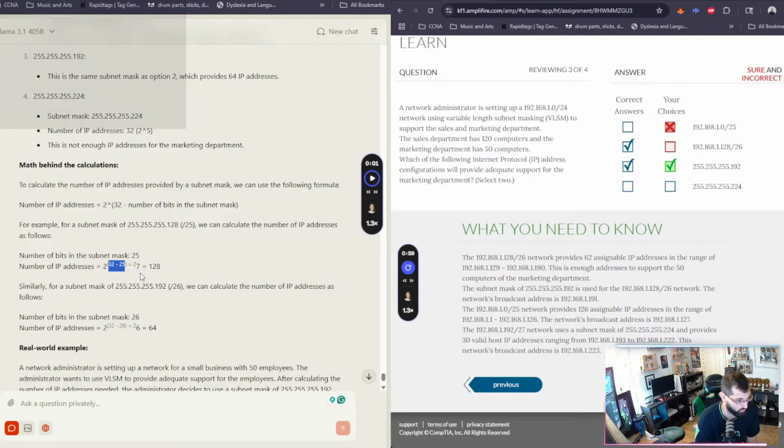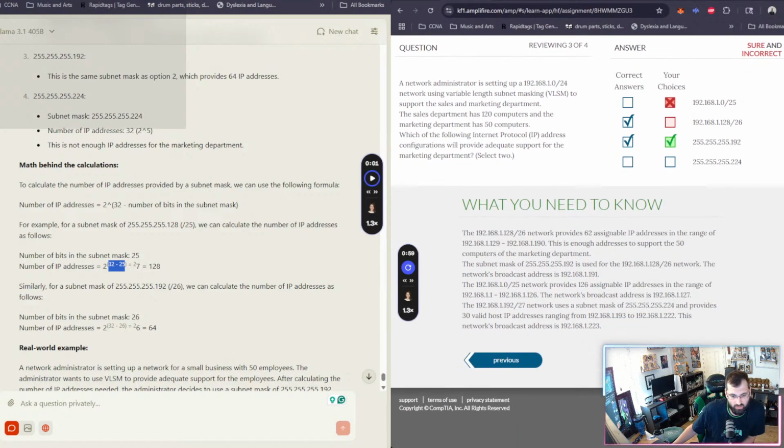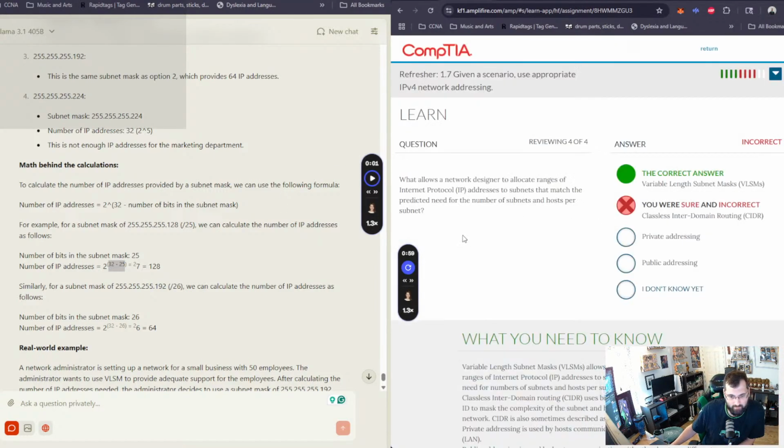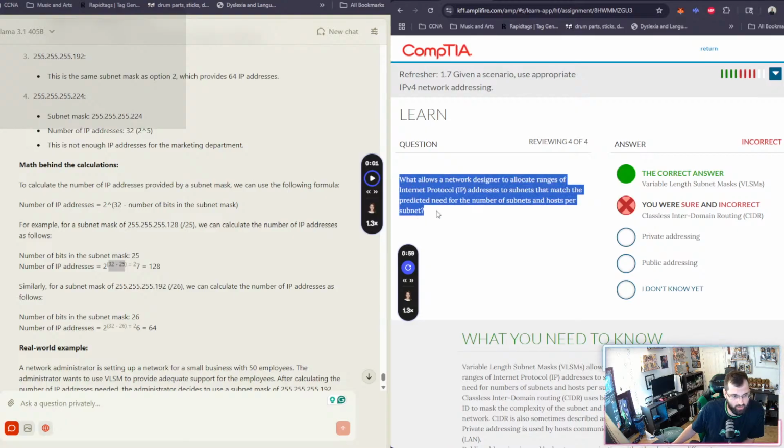So why does it say equals 2? I'm gonna have to dedicate a whole stream to figuring out subnet masks. Let's continue. I want to finish this, and then we're gonna come back to it.